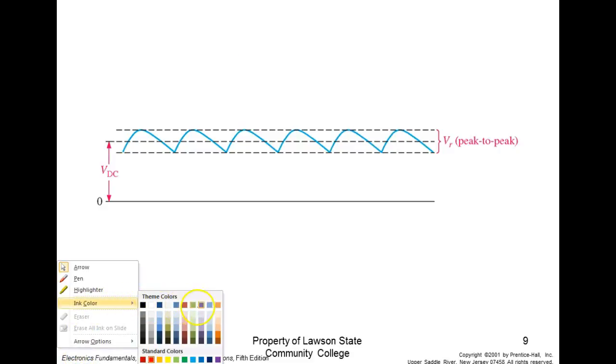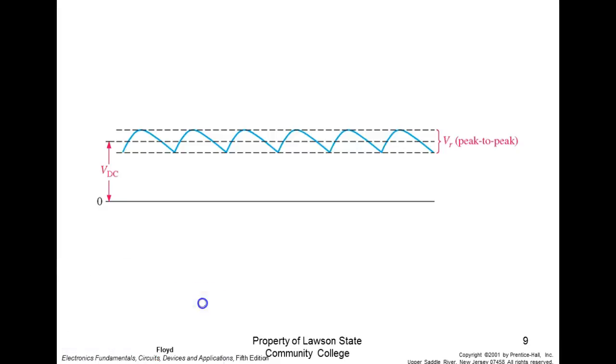So V ripple peak to peak, and this is a guesstimation, but y'all have noticed it works out really well. So V ripple peak to peak would be equal to what? Yeah, I of the load over the frequency of the output, not the input, times the size of the capacitor. So C would be equal to I over F times V ripple peak to peak if you wanted to solve for a capacitor for your power supply.